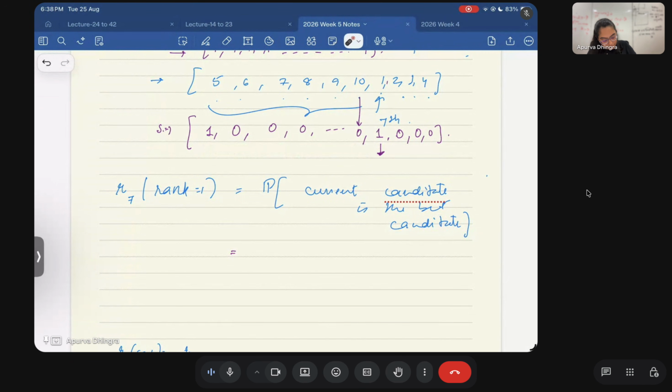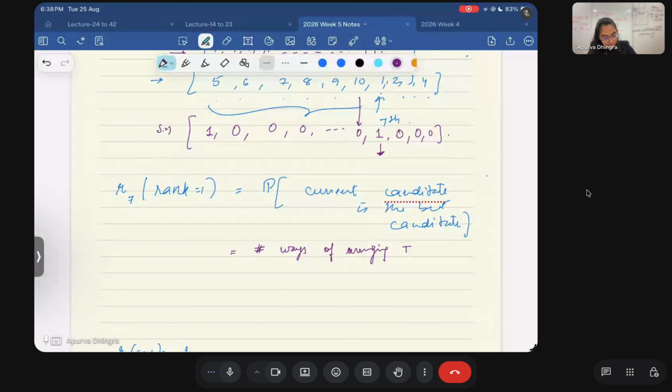So this is just referring to the number of ways of arranging, this is referring to time t, right? So this is R_t of rank 1, S is what we are referring to, and time step t. So this is number of ways of arranging these candidates.